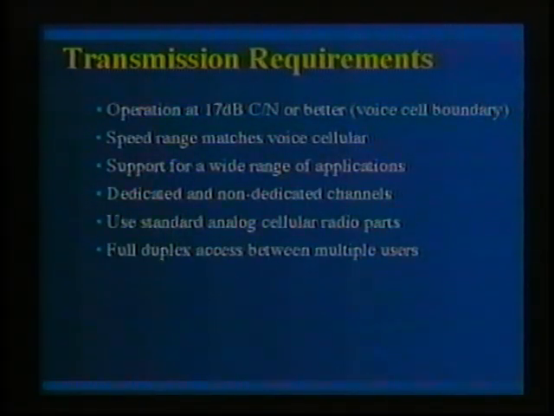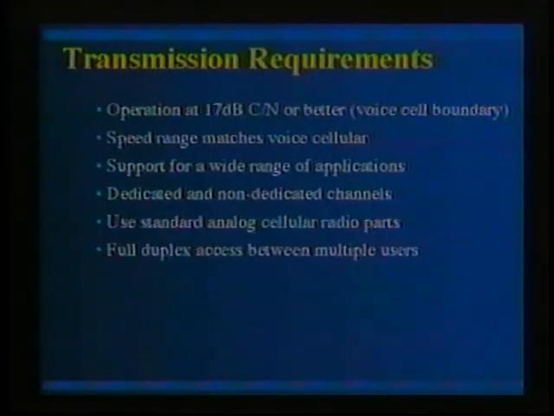So how do we provide the data transmission in this network? Vic laid down the fundamental requirements we had to meet as far as coexistence with the voice channel is concerned. The data service had to operate down to a carrier-to-noise level of 17 dB or better, this being the characterization that the voice cells have to meet.